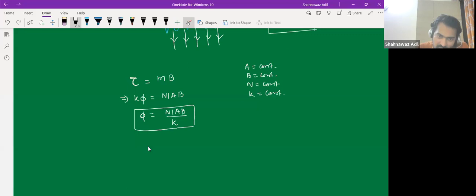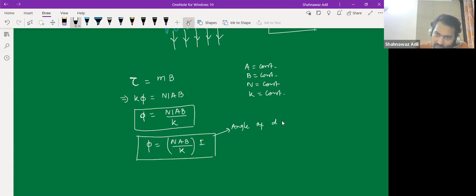Yes, Mariam, K is also constant. So phi is NAB by K, and then I. So this is the deflection angle, right? Angle of deflection.